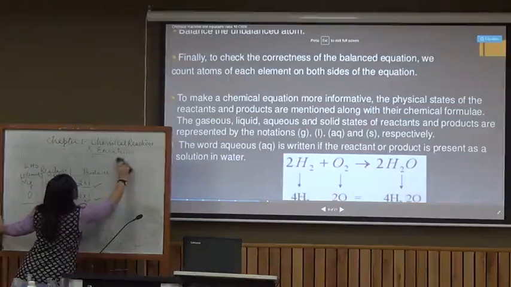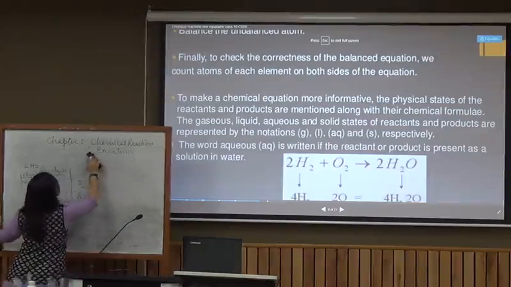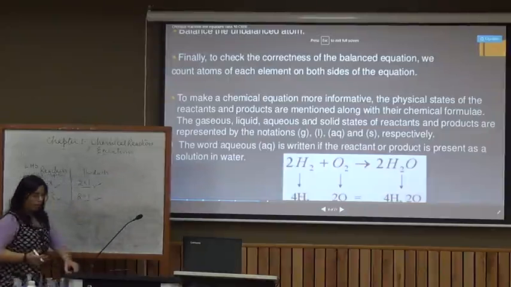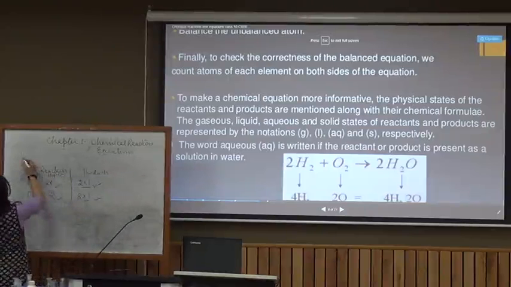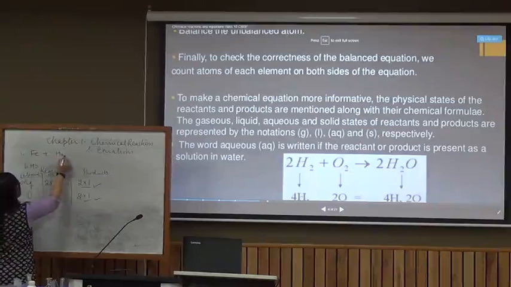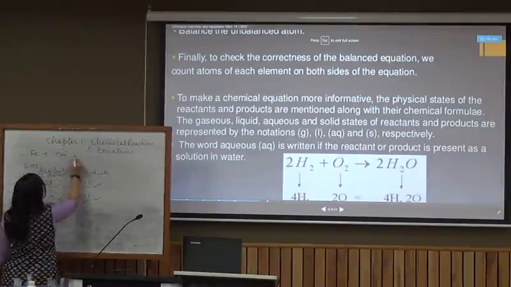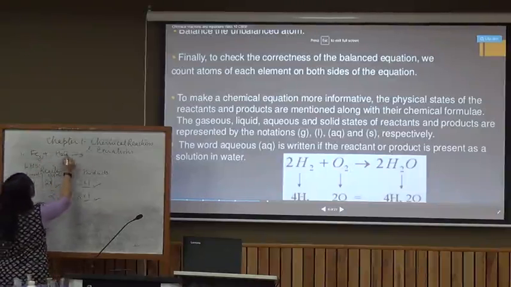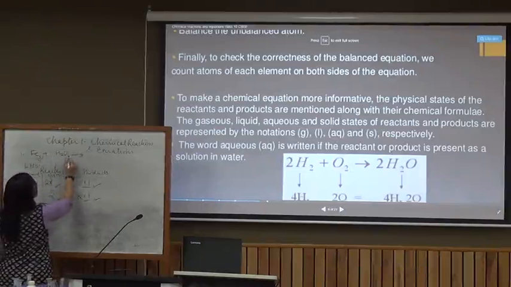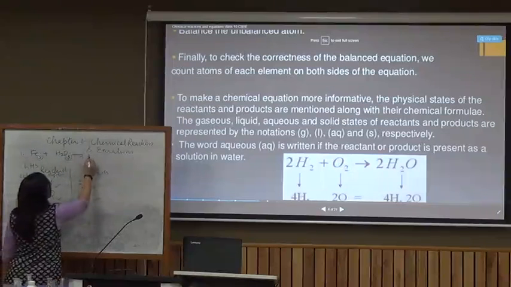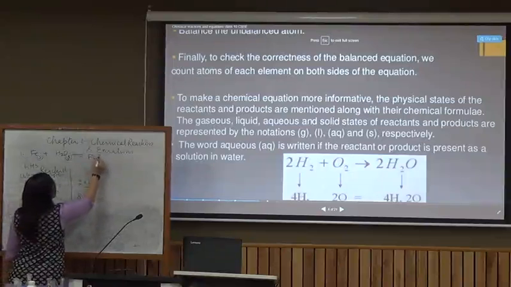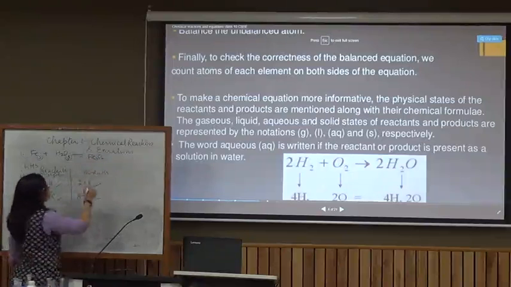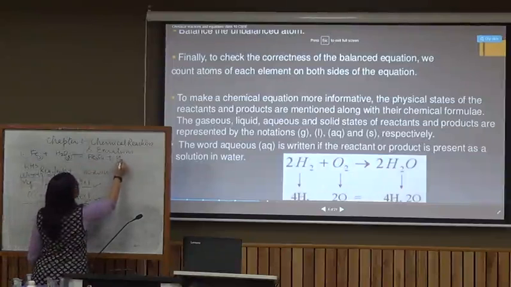When red hot iron is treated with steam, we get ferric oxide and we get hydrogen gas. So iron, red hot but in solid state, reacts with steam, so water is in the gaseous state. It gives Fe3O4, that is ferric oxide, and hydrogen gas.